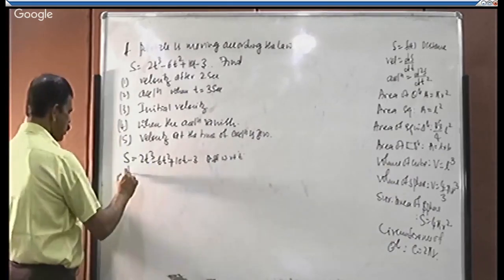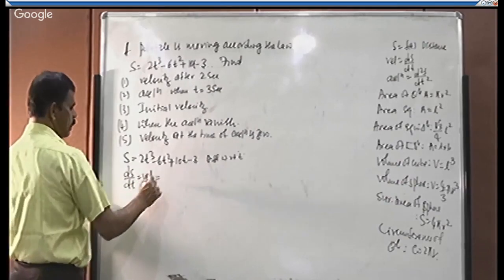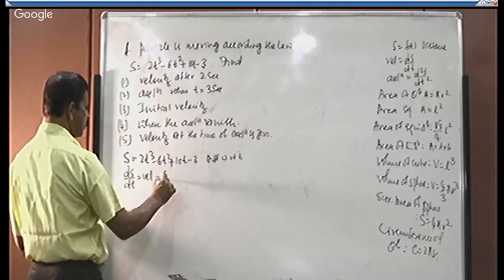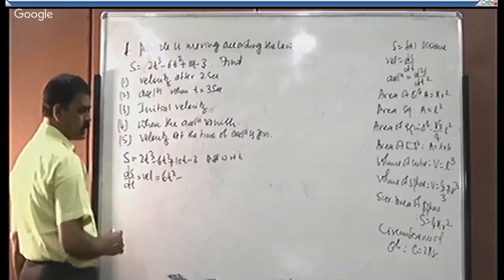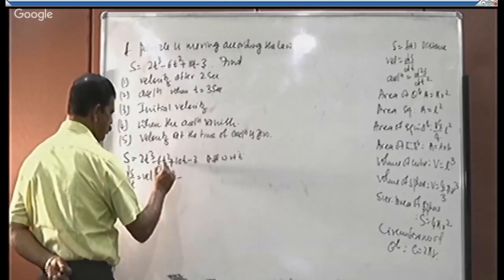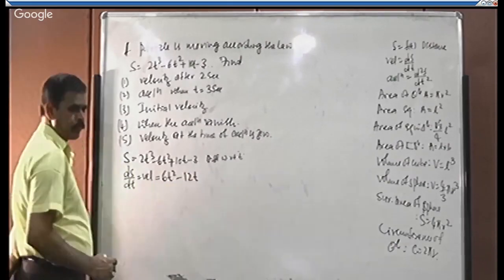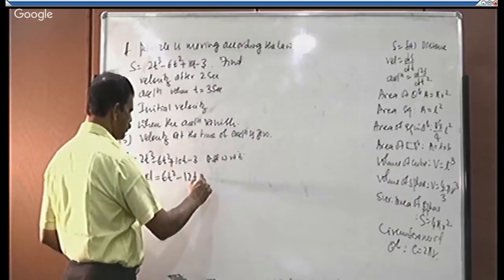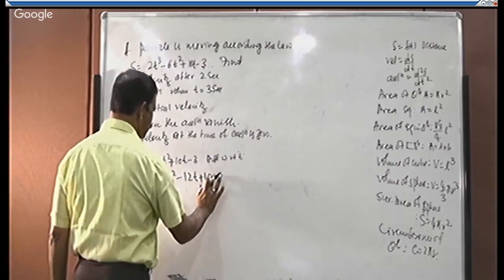You get ds by dt, which is said to be velocity. 2 into 3, 6t square, minus 6 into 2, 12t, plus 10 minus 0.